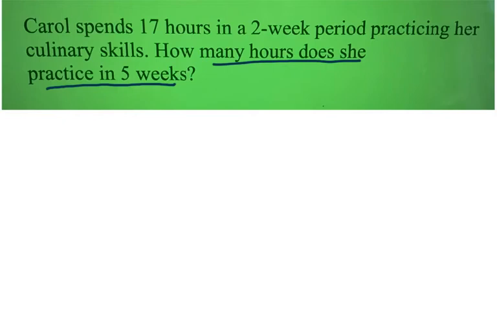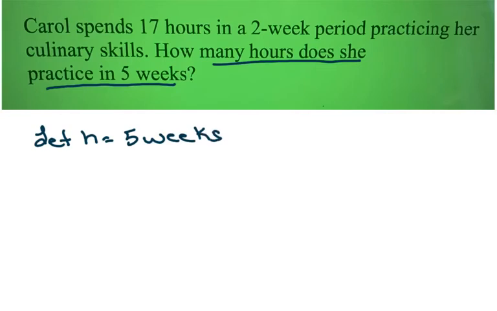If she spends 17 hours in 2 weeks, this is like a ratio. So what we have to do is still say, let H equal the hours in 5 weeks. Okay, so how many hours in 5 weeks?